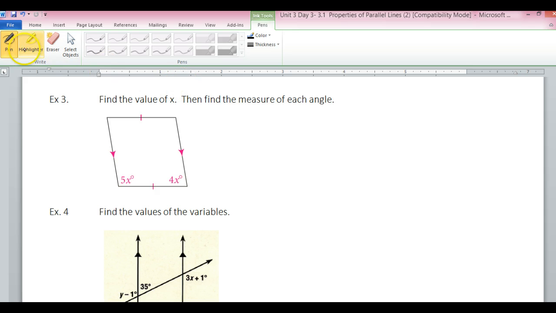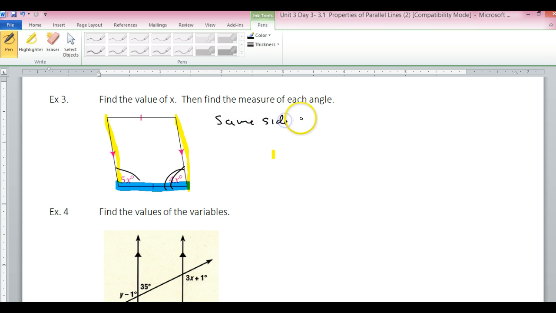Next, example 3. To find the value of x, I highlight these as my parallel lines, and now I'm going to look for my transversal. What line touches them both? It's that one there. If you look at these angles, they are on the same side of the blue transversal, and they are both interior angles. So we know that these are same side interior angles.